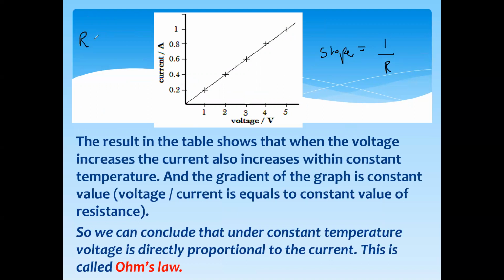Because resistance is the ratio between voltage and current, but when we take a slope, it is the quantity on the y-axis divided by the quantity on the x-axis. On the y-axis we have current, on the x-axis we have voltage, so current divided by voltage gives us the reciprocal of resistance. When we increase the voltage, the current also increases, but the resistance remains constant, and we call this Ohm's law, or the material is known as an ohmic conductor.